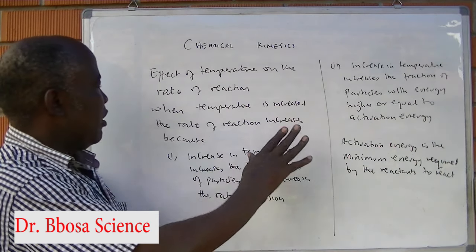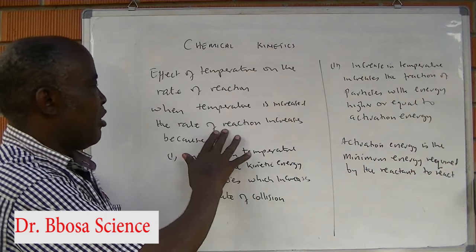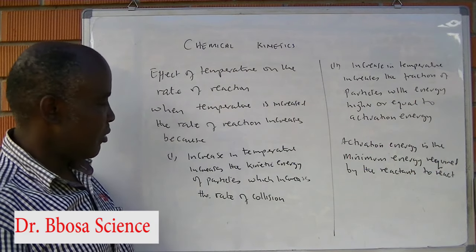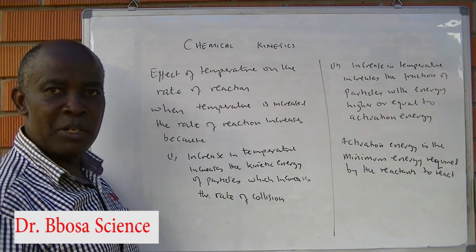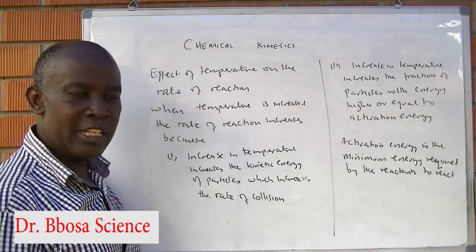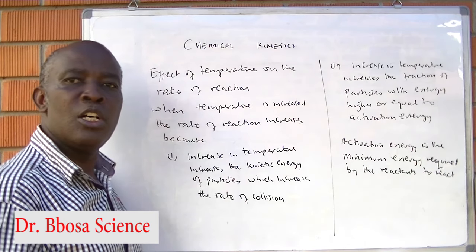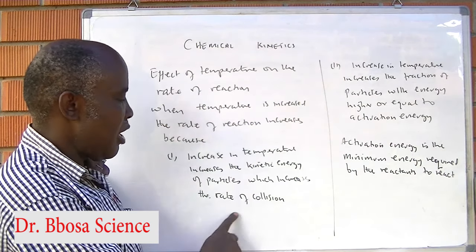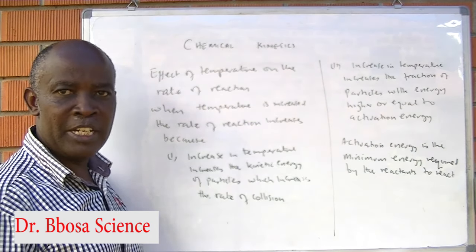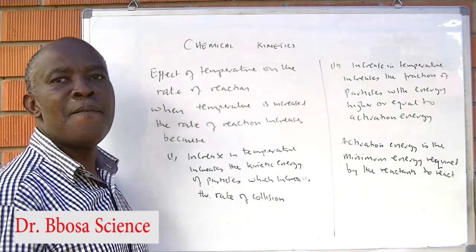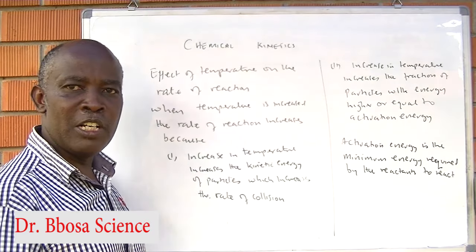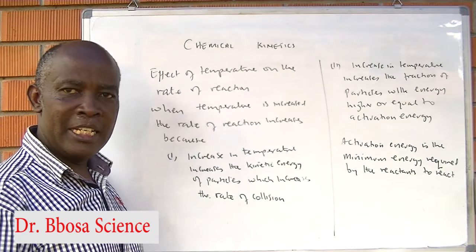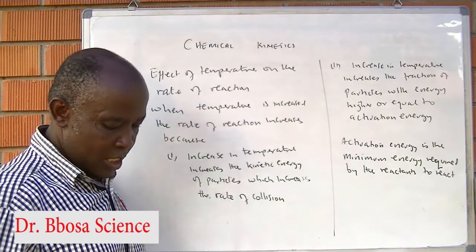When the temperature is increased, the rate of reaction increases because, 1, increase in temperature increases the kinetic energy of the particles, which increases the rate of collision. For a reaction to take place, particles must collide. So the higher the rate of collision, the higher the chances of reaction.